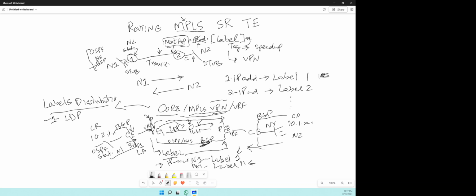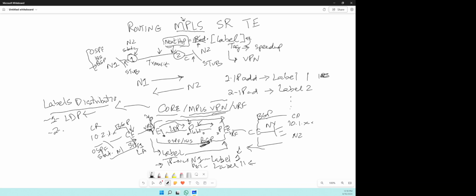You can run LDP here, here, here on a per-interface basis. They'll establish a neighbor relationship and start distributing labels, saying, hey, my label for this guy is this. And that's how the label stack gets developed. Loopback label, customer label, VPN label, interface label, blah, blah, blah. So now your next hops are labels instead of IP addresses. You've got to use a protocol called LDP.